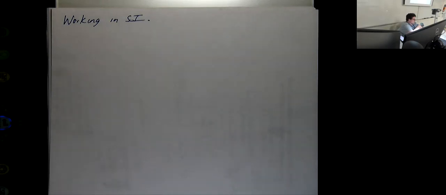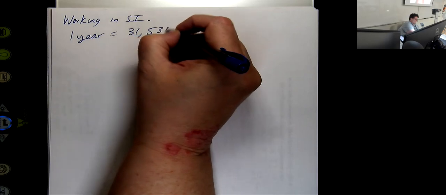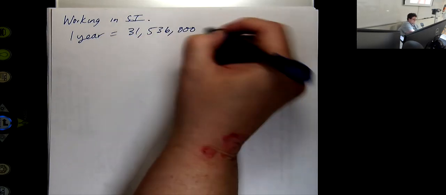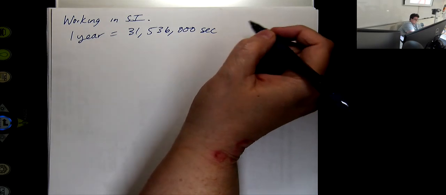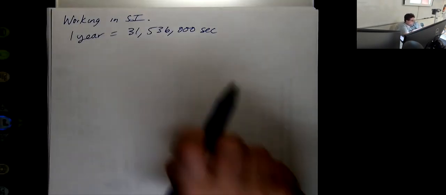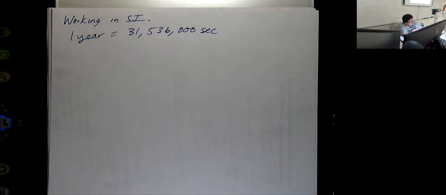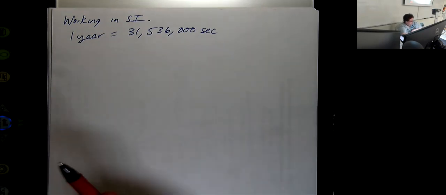So other stuff we have in this section. Working in SI, the international system. They don't like listing things with a lot of decimal places. So when I said my 1 year was 31,536,000 seconds, we calculated that. What they do is they go, okay, how can I write this with just one number in front of the decimal place?